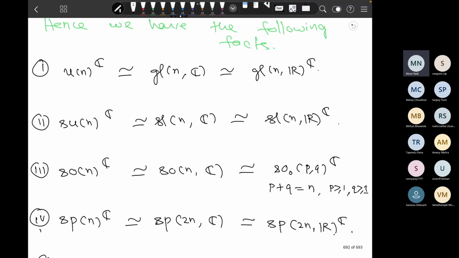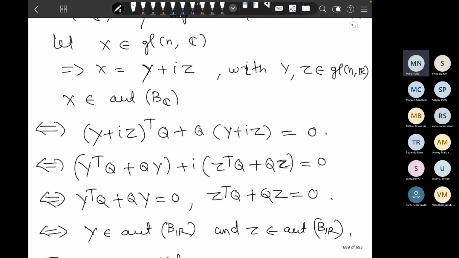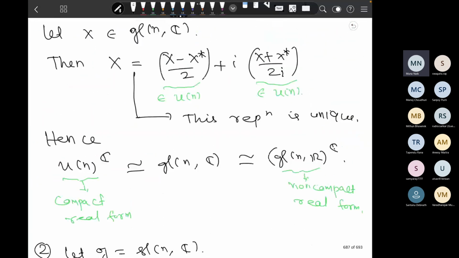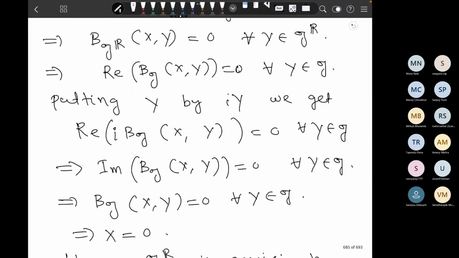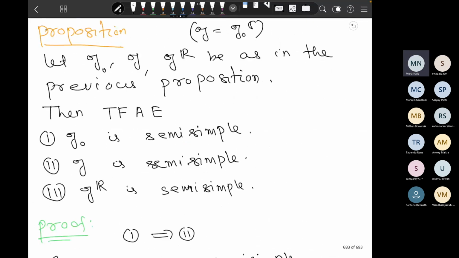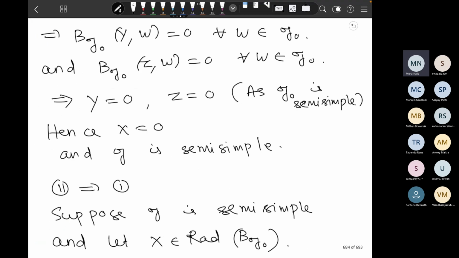See, the thing is, SUN is semi-simple. By the result which I have stated in this proposition, G is semi-simple if and only if G naught is semi-simple, if and only if G naught GR is semi-simple. I am using this result.